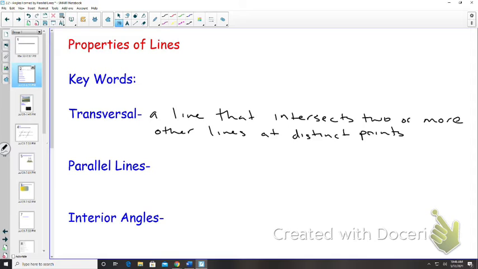Okay, so an example of a transversal would be something like this. And those lines that it intersects do not necessarily have to be parallel. It's just a line that intersects two other lines at distinct points.